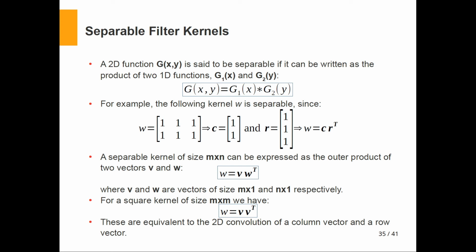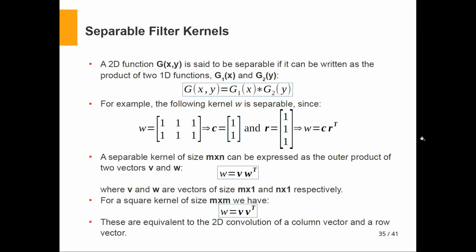If the kernel is a square, basically has the same number of rows and columns, it can be even simplified to only needing to know one of the kernels, and then if we multiply the kernel with its transpose, we get the original separable kernel. So this outer product is basically equivalent to the 2D convolution of a column vector and a row vector.